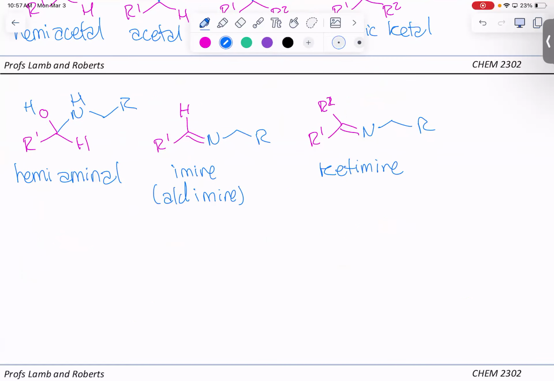And then the final group that we're going to learn how to make in this class, not including all the things that we're going to extrapolate on, is going to be called an enamine. So I'm drawing NR2 here because you have to have two groups on there. Otherwise, you go to the ketimine. This is called an enamine. You will hear other chemists say this differently.